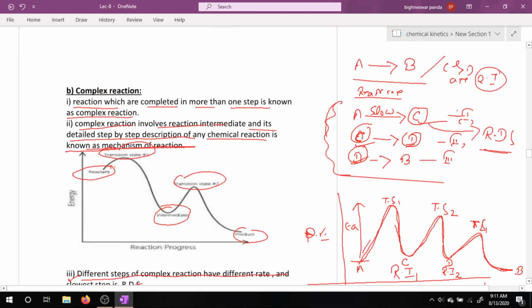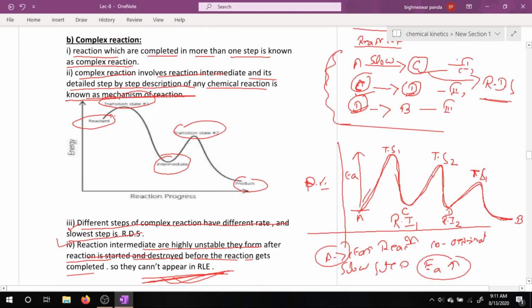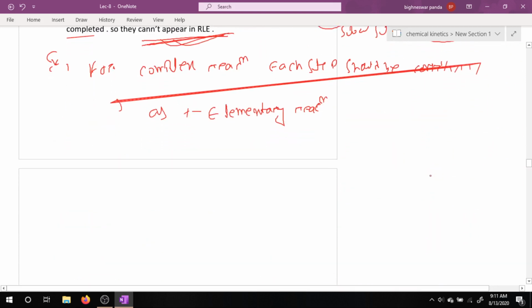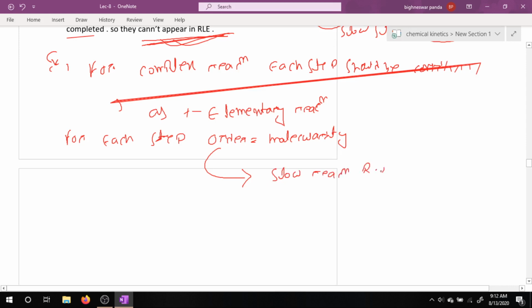This is step 1, step 2, step 3. Each step is considered as an elementary reaction. For each step, order equals molecularity, and order we can calculate for the slow reaction, that is the rate determining step, which comes in the rate law equation.